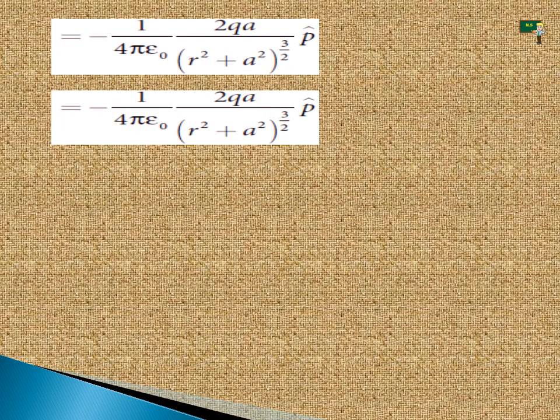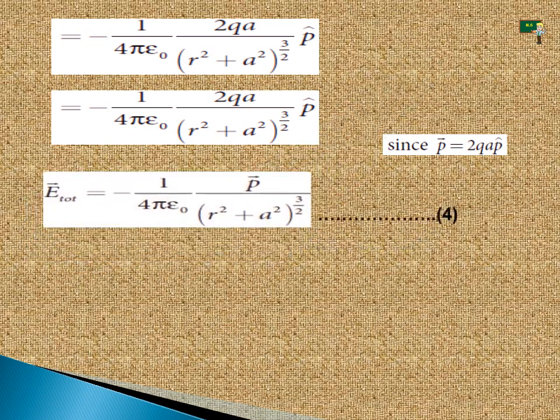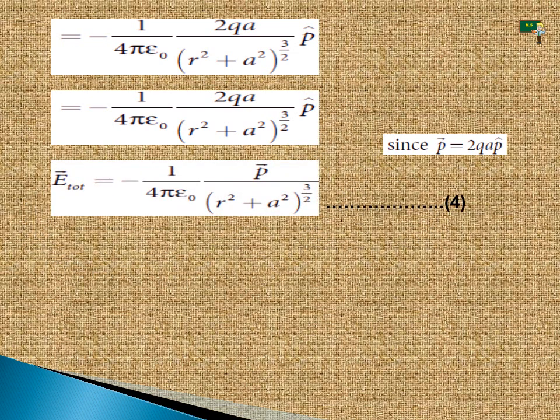Now, we already know the dipole moment vector P is equal to 2qa into P cap. Substituting this value, we get E total vector is equal to minus 1 by 4 pi epsilon 0 P cap divided by R square plus A square, the whole to the power 3 by 2.